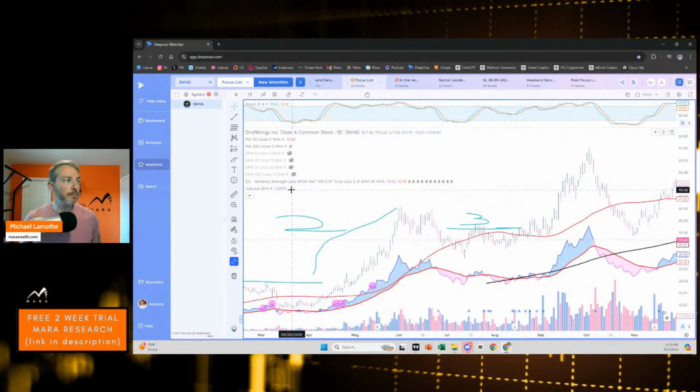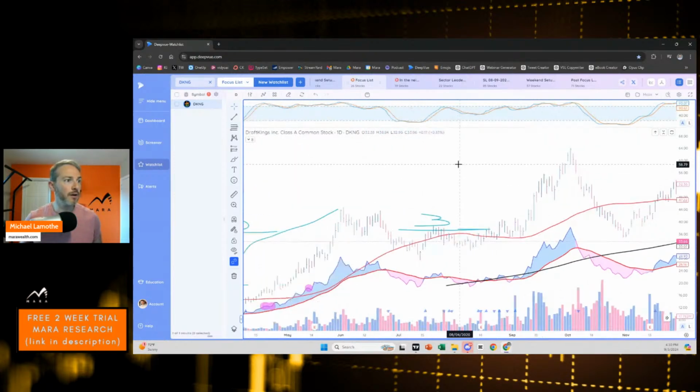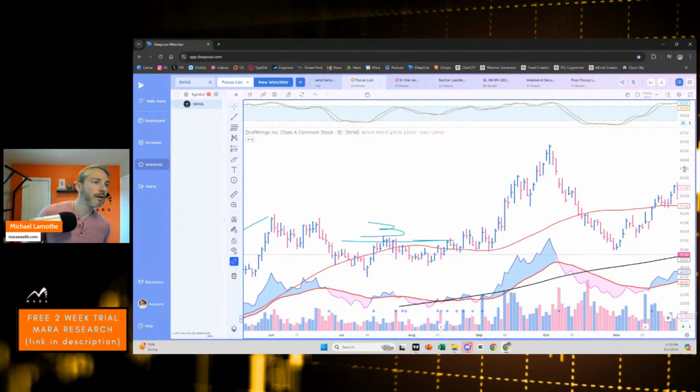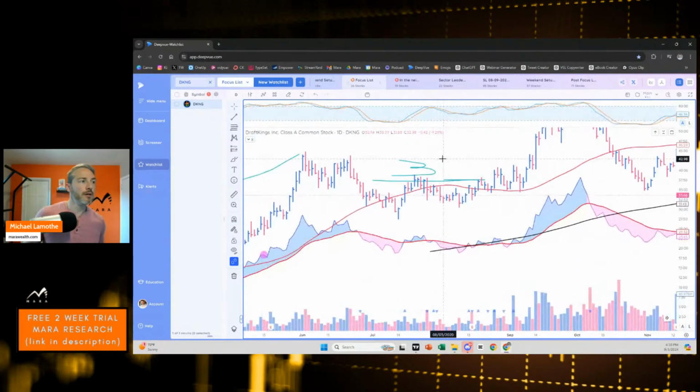So we zoom in a bit here, and let's make this a little bit bigger. Okay, so over here, let's make this a different color. Can I make it a different color? I thought that I could, but I guess not.